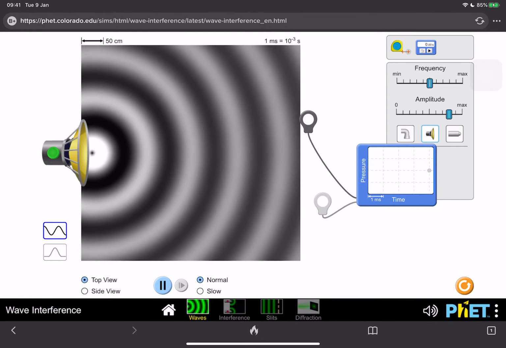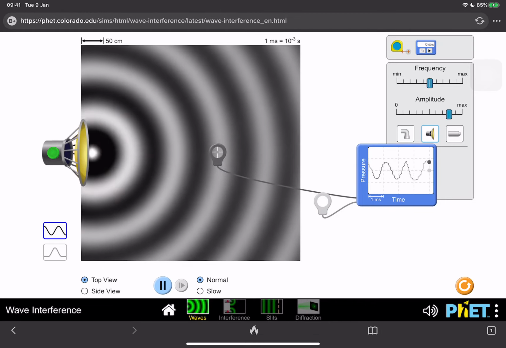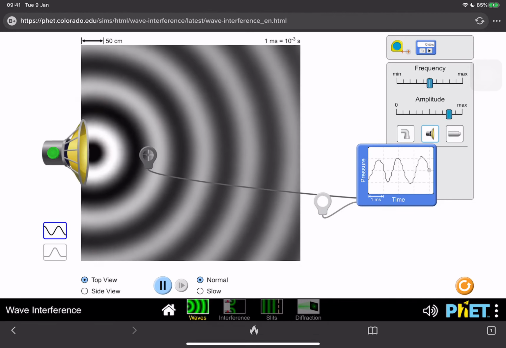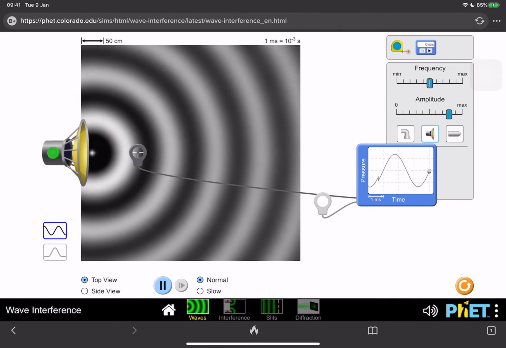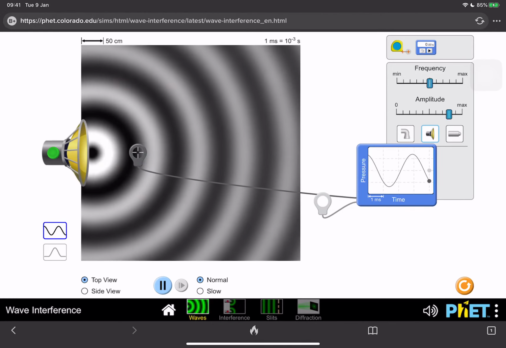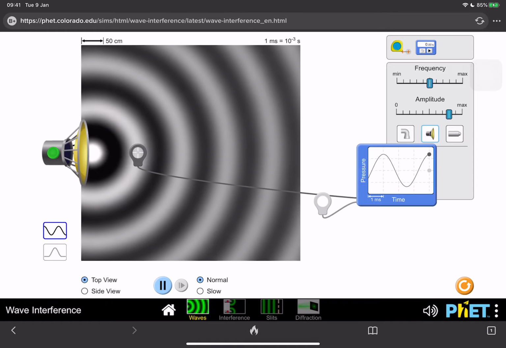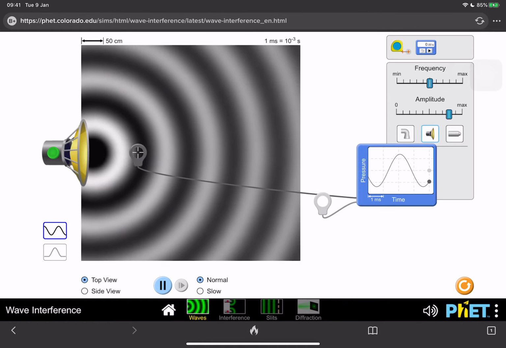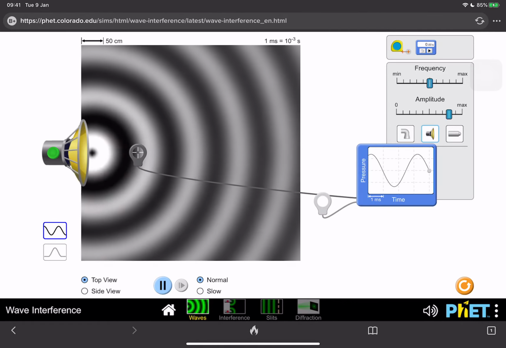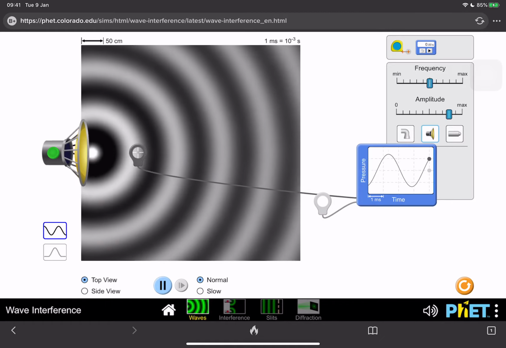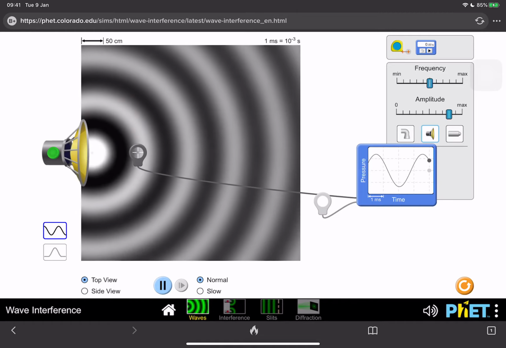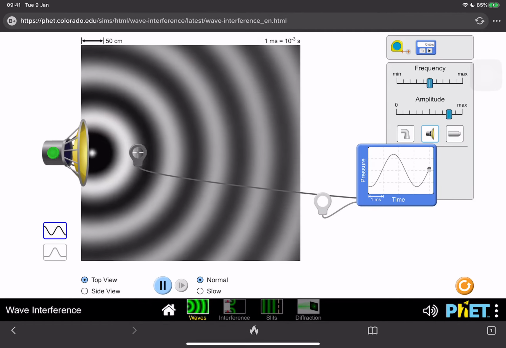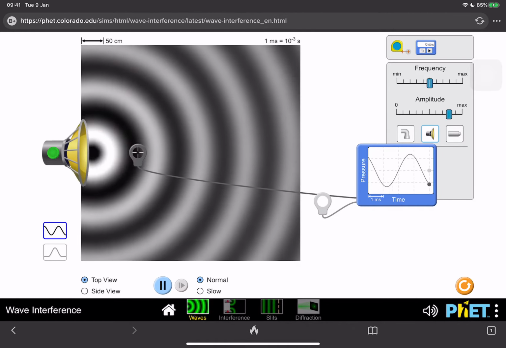The probe is going to determine the wave amplitude at the point of the probe. And you can see that it's plotting that with respect to time on the horizontal axis, right? The probe is picking up the wave at just that particular point.